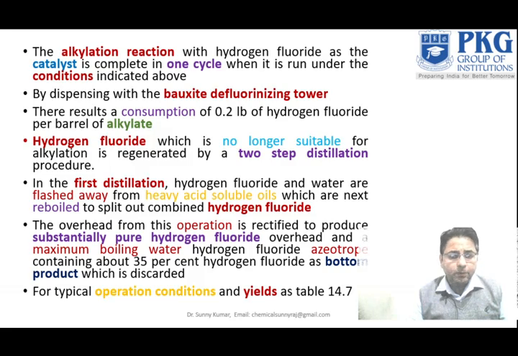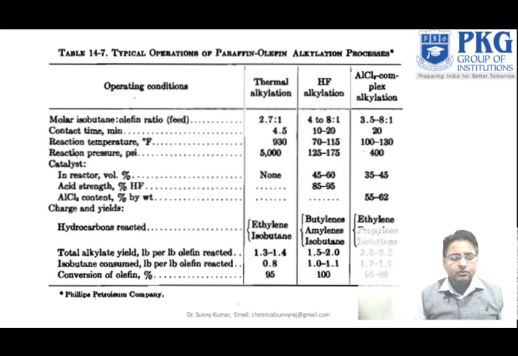The typical operating conditions and yields are given in table 14.7. This table provides the typical operation of the paraffin olefin alkylation process, and these are the operating conditions. Operating conditions are given for thermal alkylation, HF alkylation, and aluminum chloride complex alkylation, but here we will discuss only the HF alkylation.